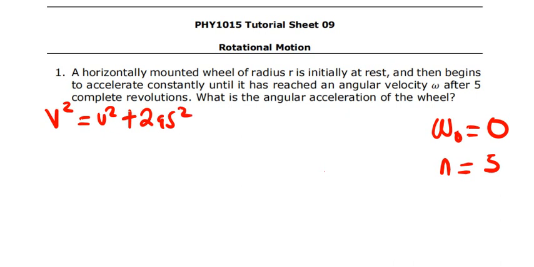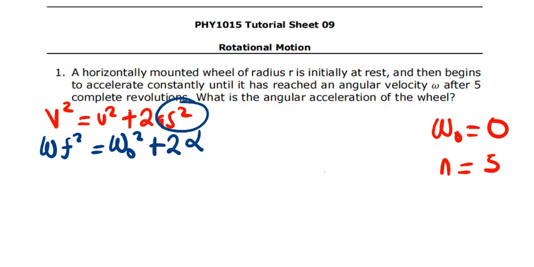In rotational terms, the final angular velocity squared equals the initial one squared plus 2 alpha, where alpha is the acceleration, multiplied by s, the distance. Note it is 2as, not squared.